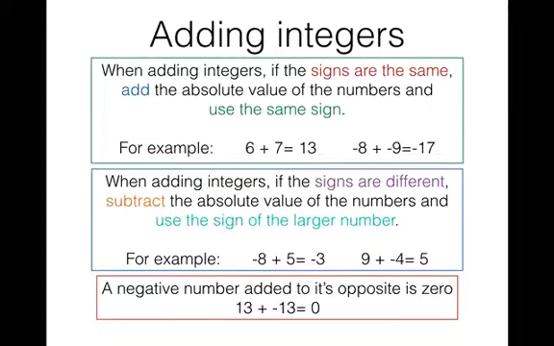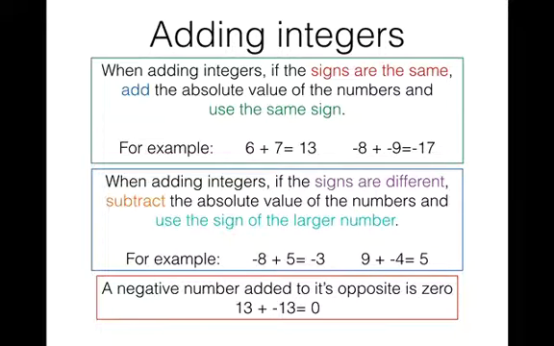When adding integers, if the signs are different, you subtract the absolute value of the numbers and use the sign of the larger number. We talked about this and we wrote this in our notes also. So, for example, negative 8 plus 5, those signs are different.